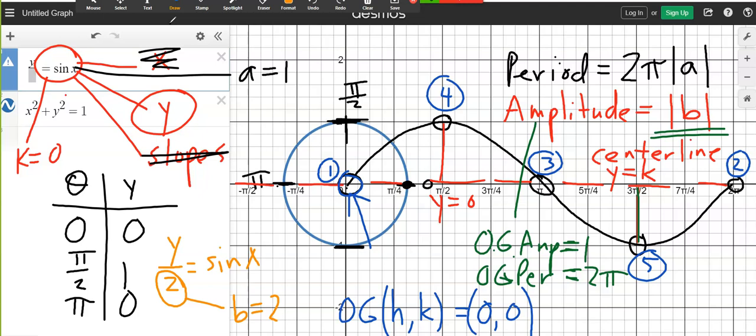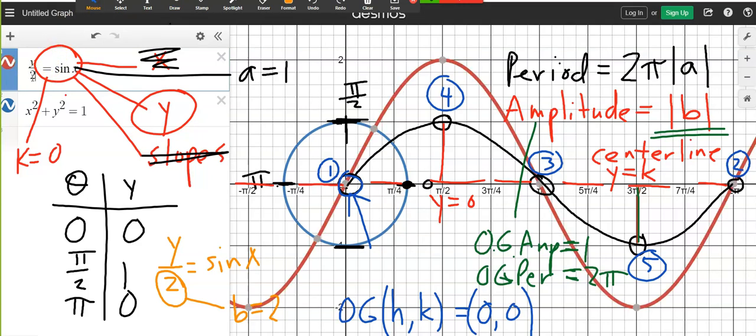That is correct. You're exactly right. The length of the cycle did not change at all. Only the amplitude changed. The HK point did not change, so points 1, 2, and 3 stayed exactly where they were. Only 4 and 5 got changed.